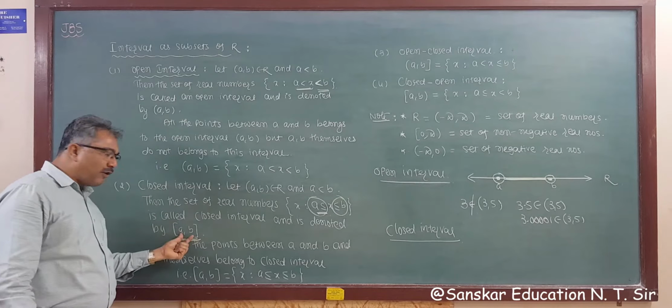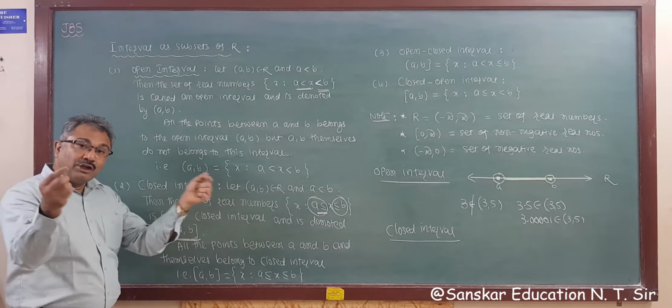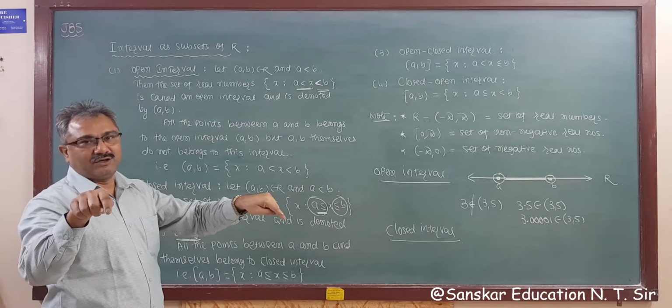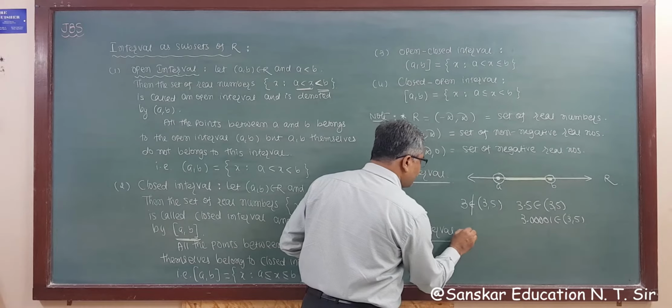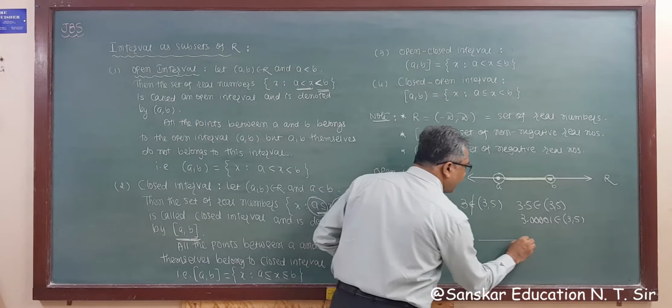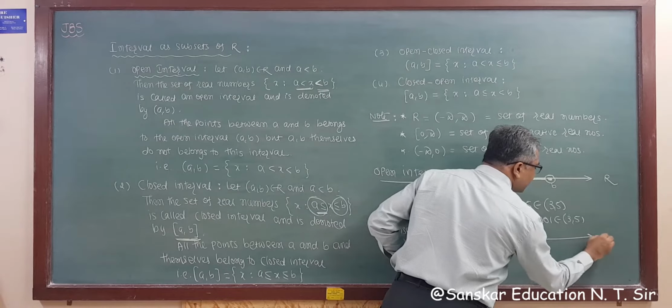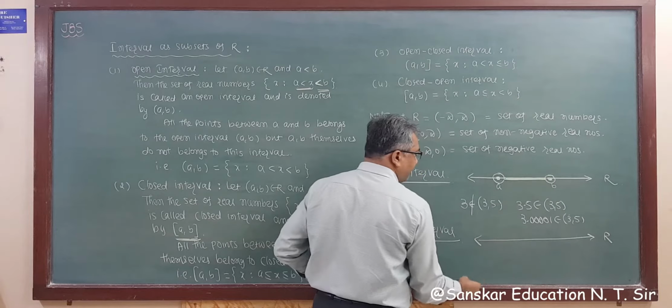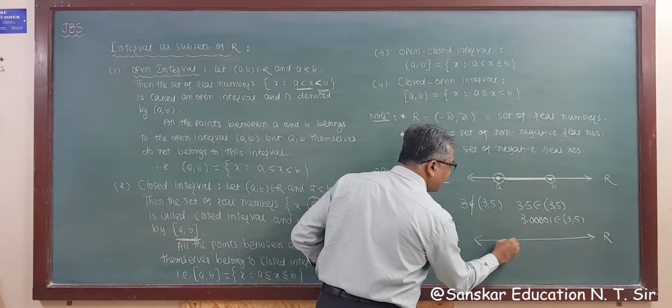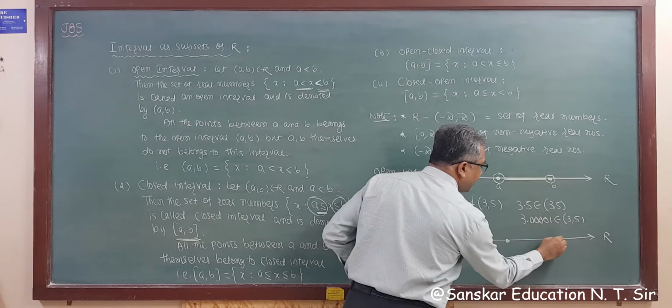It means the set of all points between a and b, including a and b. If we draw a number line for the closed interval, then the representation of the closed interval [a, b] is like this. This is a and this is b.